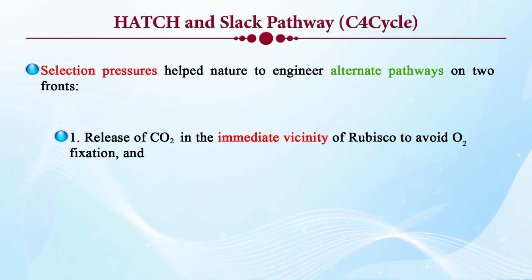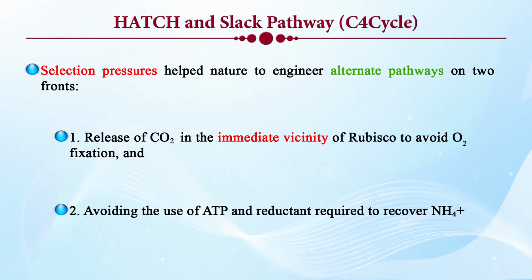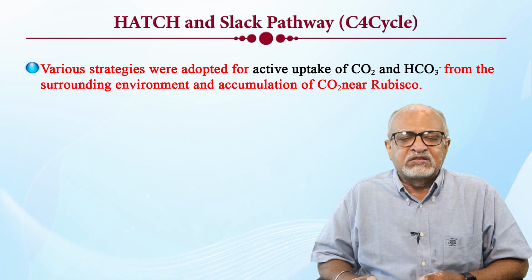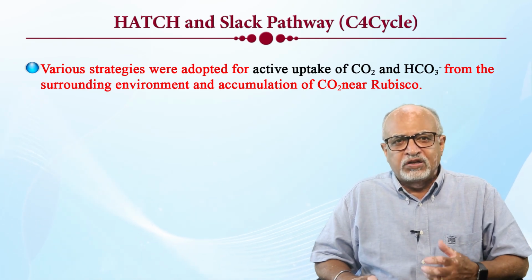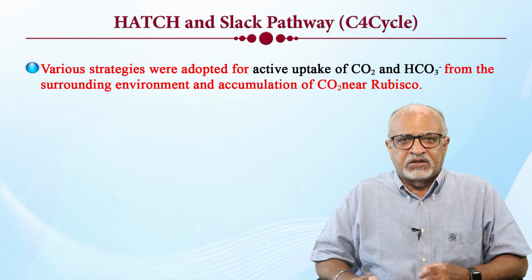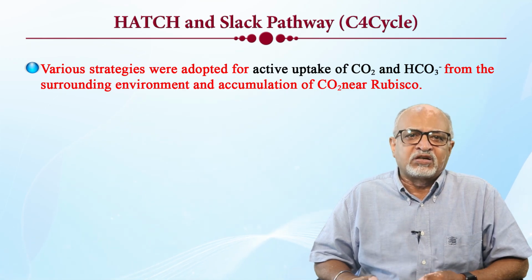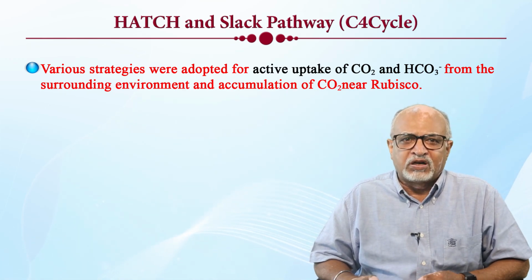The other one was to avoid the use of ATP and the reductant which was required to recover the ammonium ions. So nature must have adopted various strategies to very efficiently uptake carbon dioxide and the bicarbonate ions from the surrounding environment.